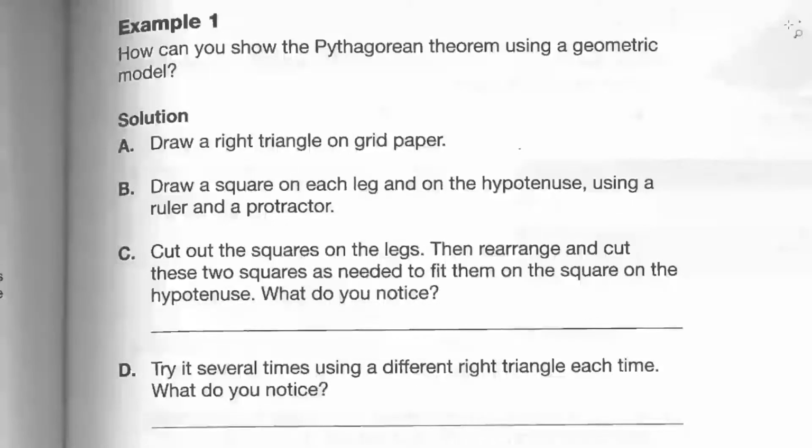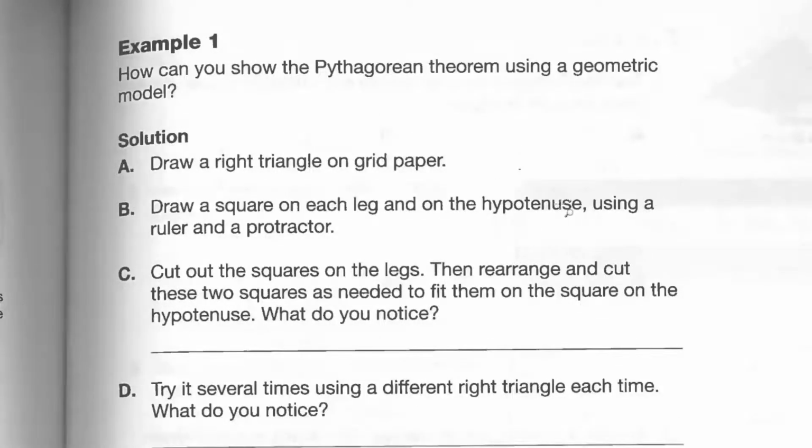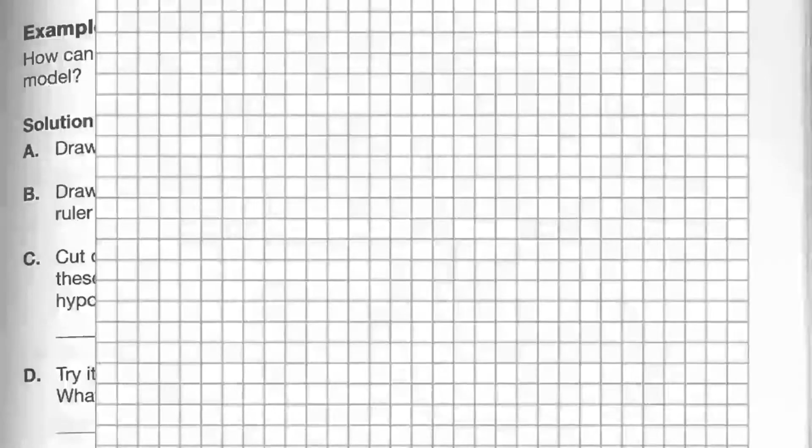Example number 1. How can you show the Pythagorean theorem using a geometric model? The solution. First of all, draw a right triangle on grid paper. So now I have my grid paper all ready to go. Draw a right triangle.